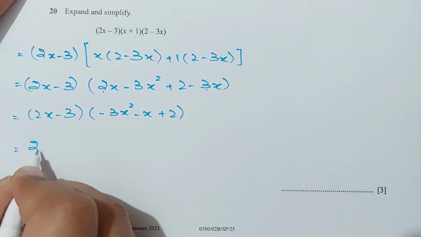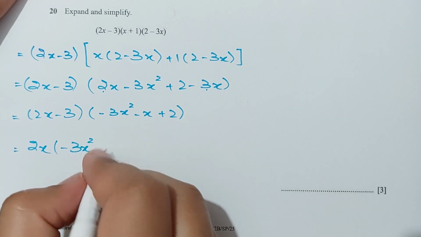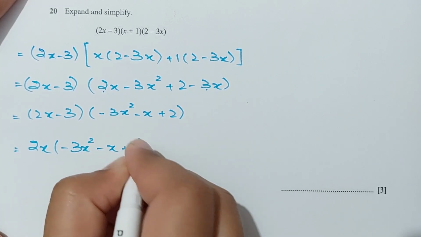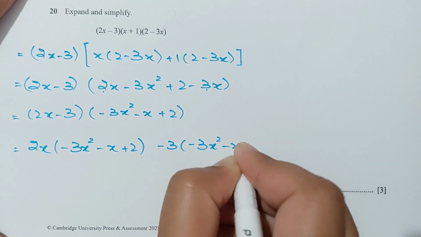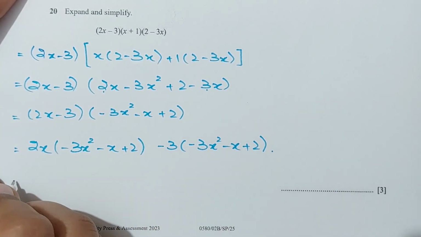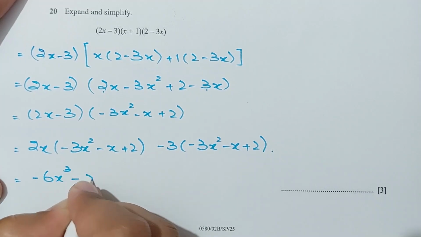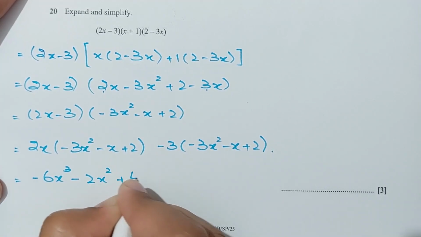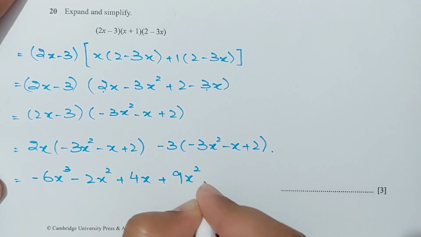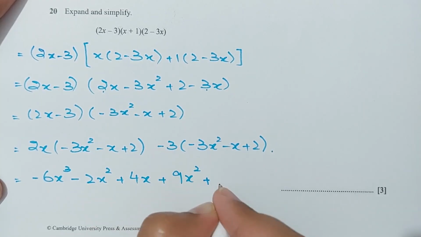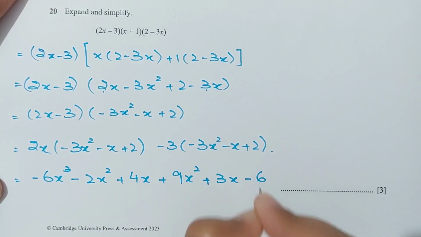Now 2x with the bracket minus 3x squared minus x plus 2, and minus 3 with the bracket minus 3x squared minus x plus 2. Further distributing: 2 times 3 is minus 6x cubed, minus 2x squared, plus 4x, plus 3 times 3 is 9x squared, minus plus 3 times 1 is 3x, and 3 times 2 is minus 6.